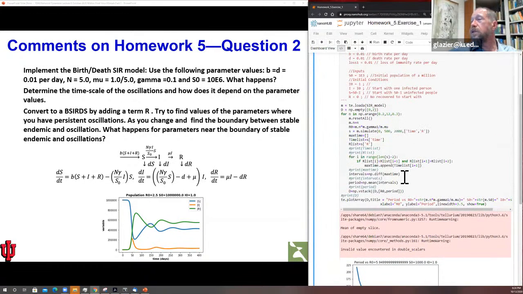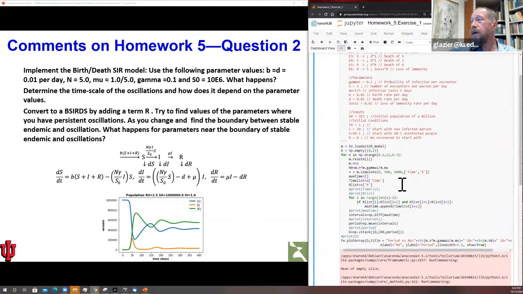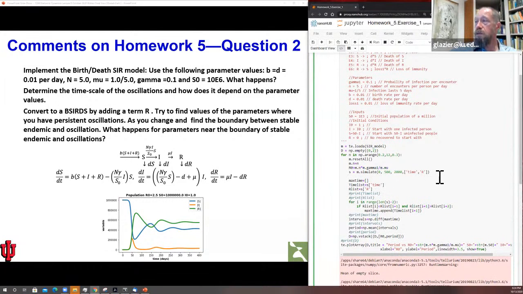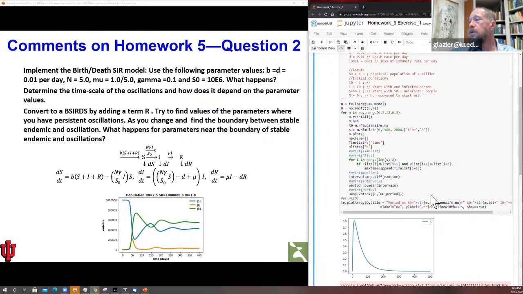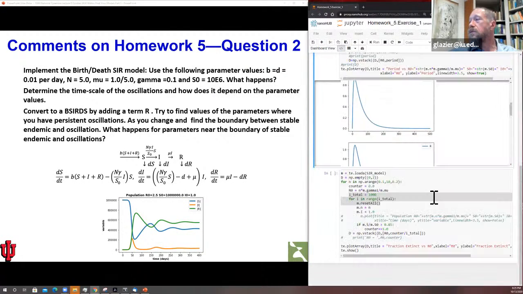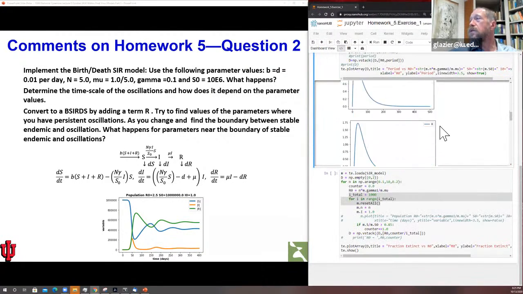Doesn't look very different here. Let's actually print out the plot for some of these after I simulate. So these are not oscillating.